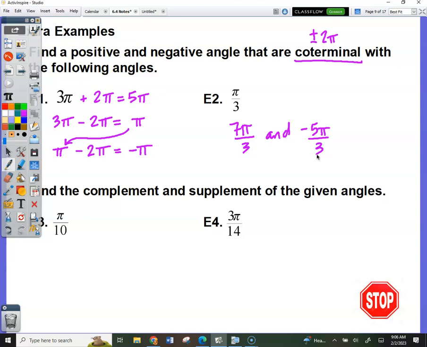Okay, so complement means they add to equal pi over 2. Supplement means they add to equal pi. So those are your bigger values, so you start with them and subtract off what they're giving you. You should have found the complement to be 2 pi over 5. The supplement to be 9 pi over 10.